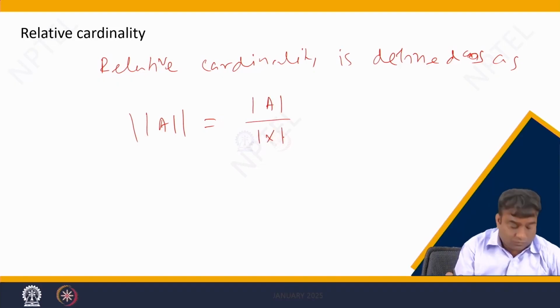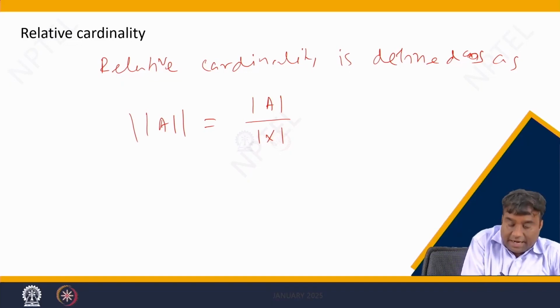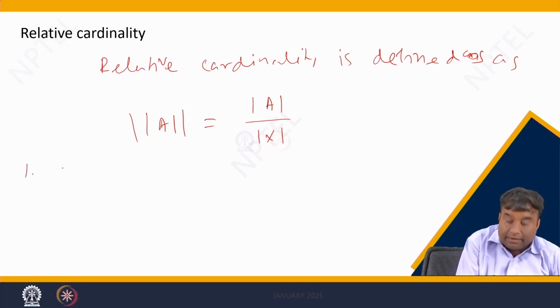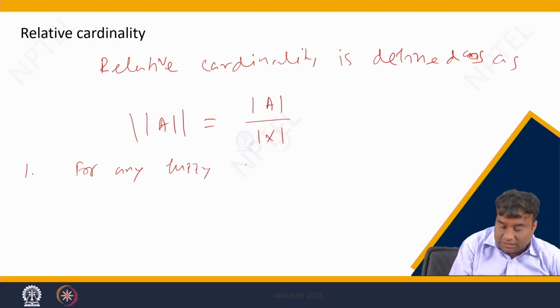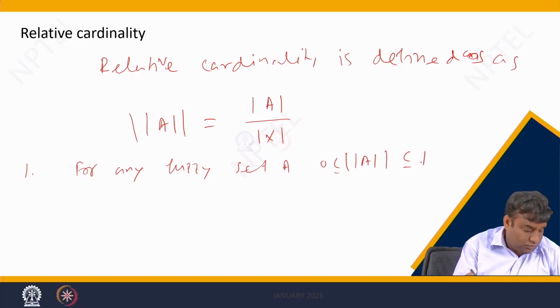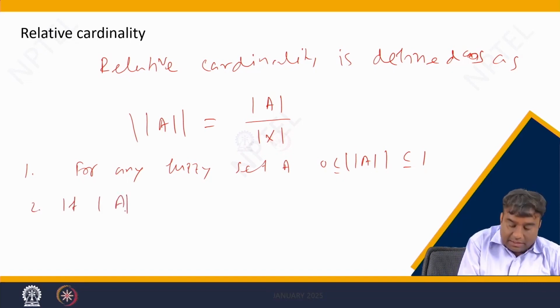For any fuzzy set A, this relative cardinality belongs to the range 0 to 1.